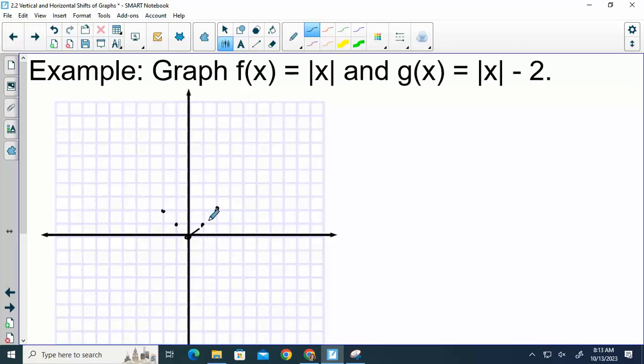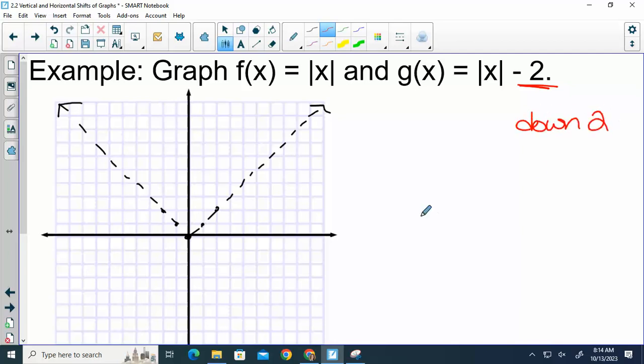So you have to have at least 3 exact points. That's my parent, so it is dashed. I'm looking at my final one, but what does the minus 2 do? So we take these points that we just plotted and move each of them down 2.